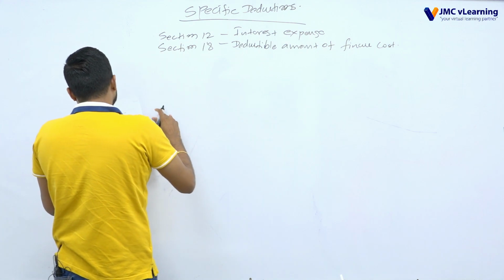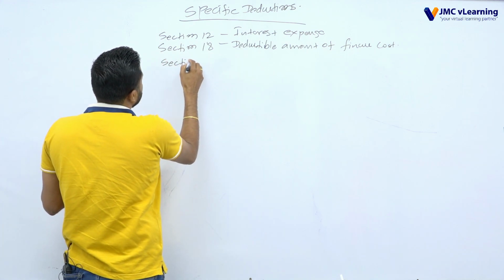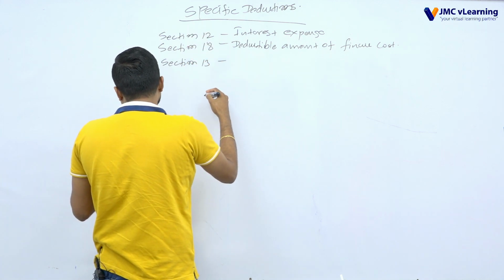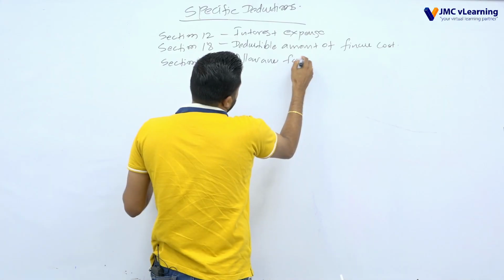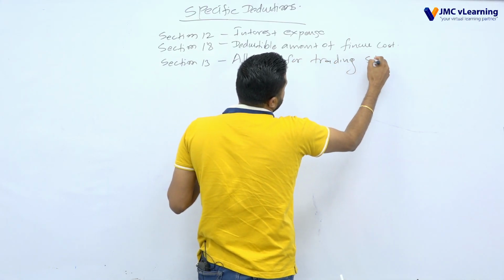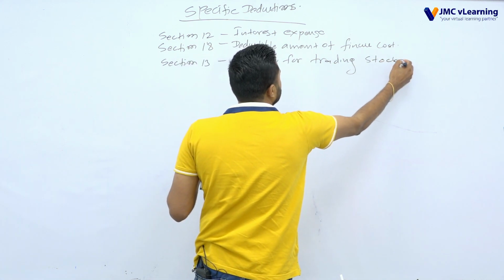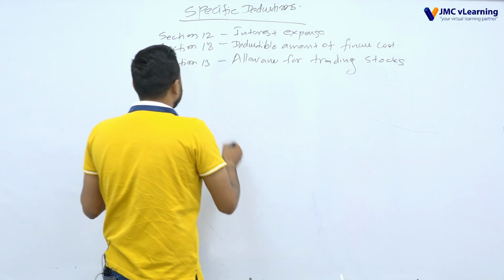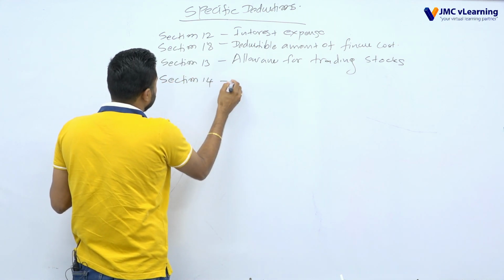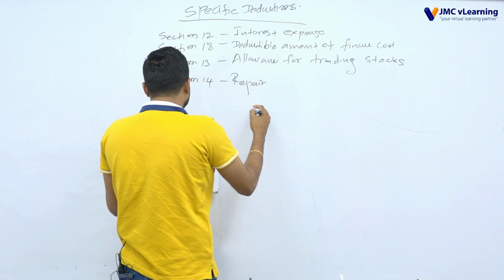Then section 13, regarding the allowance for trading stock, which is the cost of sale. Thereafter section 14, for repair and improvement expense.